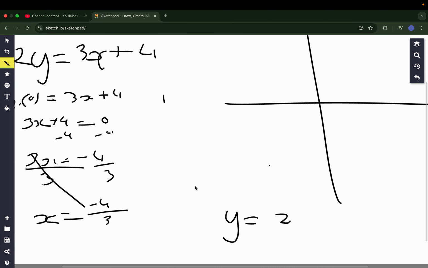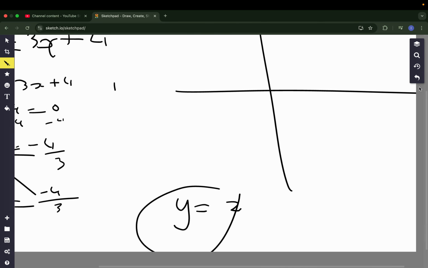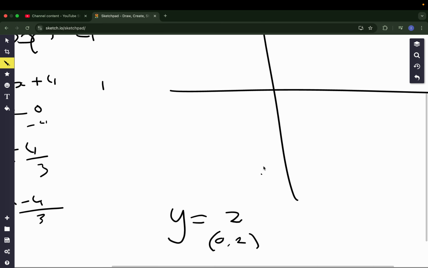So the first one is y equals 2, which also means that 2 is the second one. So the coordinates for the y-intercept when y equals 2 is just 0, 2.